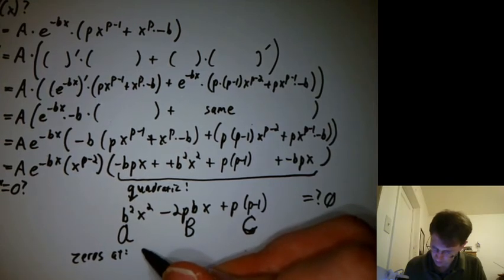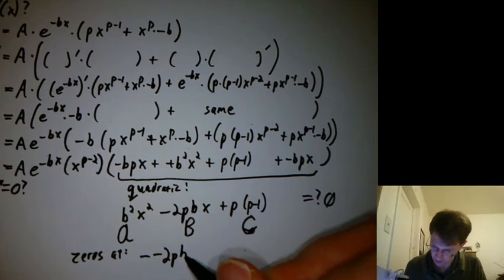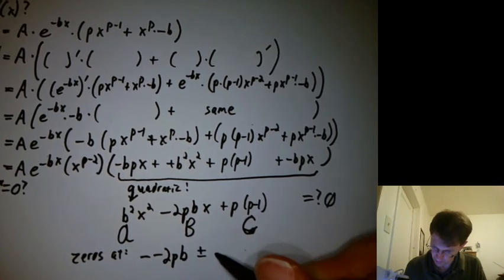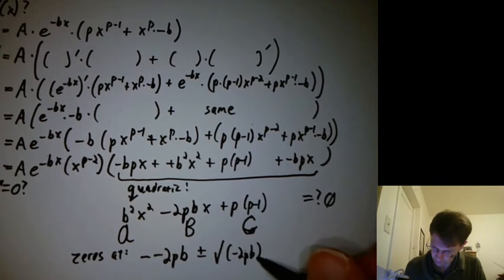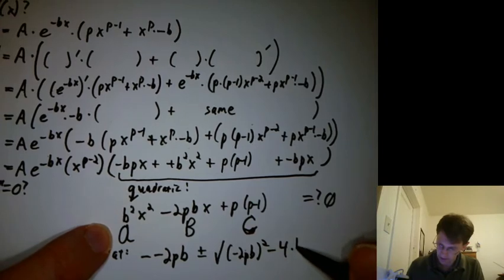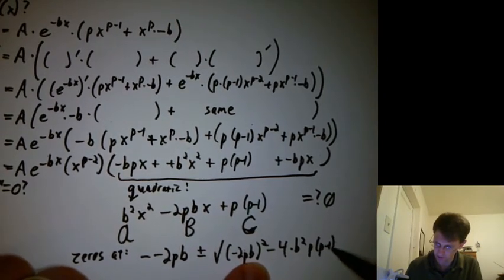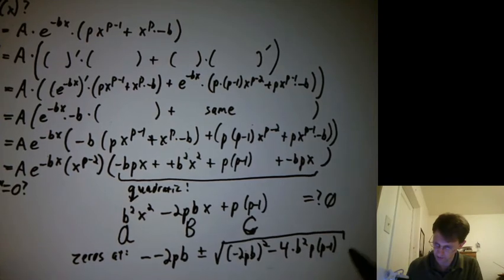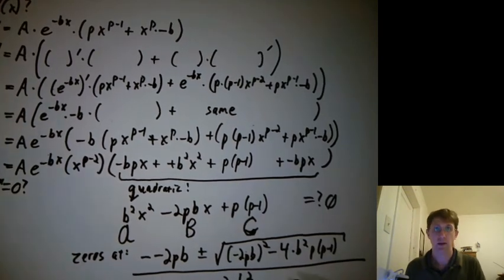So we have negative b, so negative 2bp plus or minus the square root of that whole thing squared minus 4 times big A, which is b squared, times c, which is p minus 1, all over 2 big A, so 2b squared.